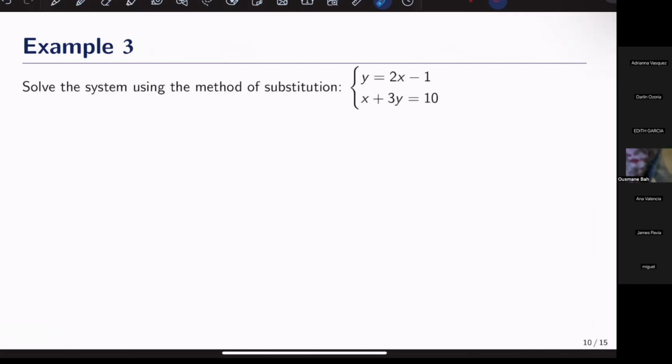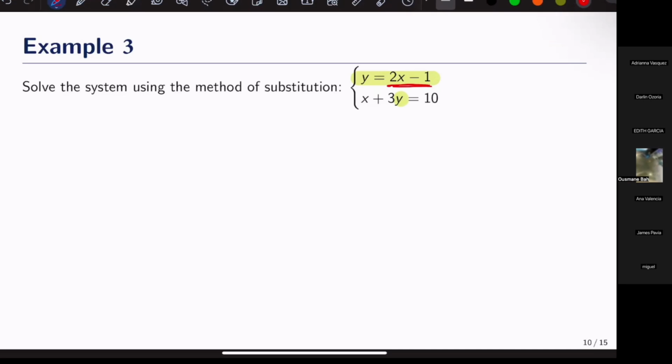Lucky for us, this system of equations here already has y all by itself. So wherever you see a y in that second equation, that's where we are going to fit in our whole 2x minus 1. Okay.